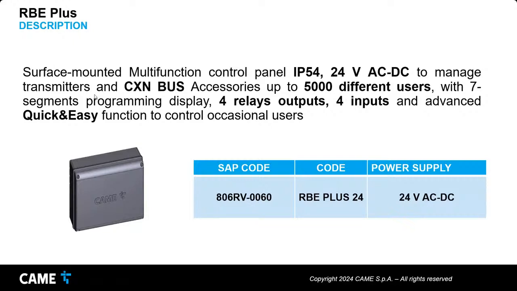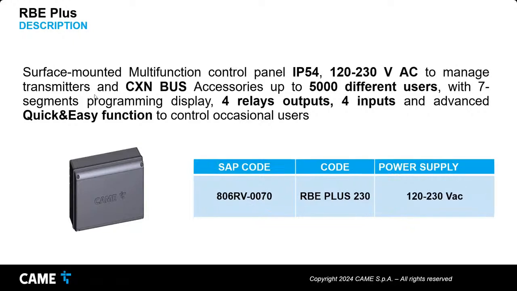So this is the first model, 24-volt, IP54, and then there is the second one, which is named RBE Plus 230. The code is 860RB0070. This one is also suitable for the American market, so for the USA, because the power supply of this model goes from 120 up to 230.